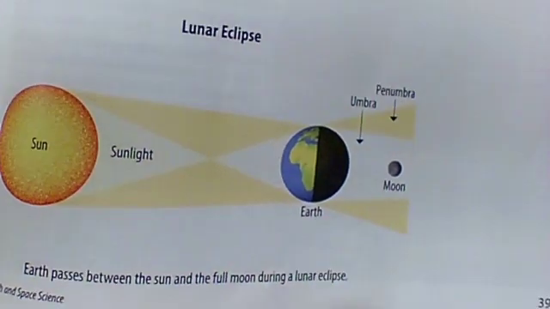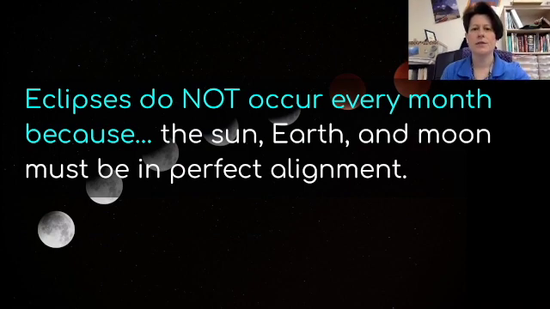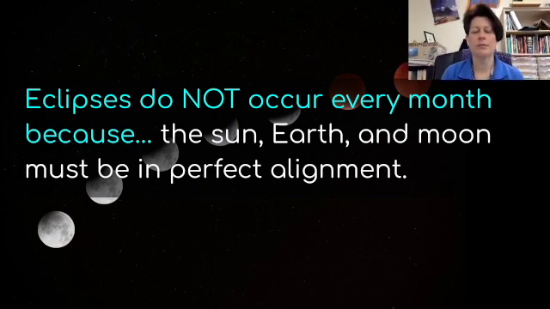Okay. Now, eclipses do not occur every month because the sun, earth, and the moon must be in perfect alignment. The moon must be in the Earth's orbital plane or it won't happen. And it is not always in its orbital plane. So the conditions have to be just perfect.